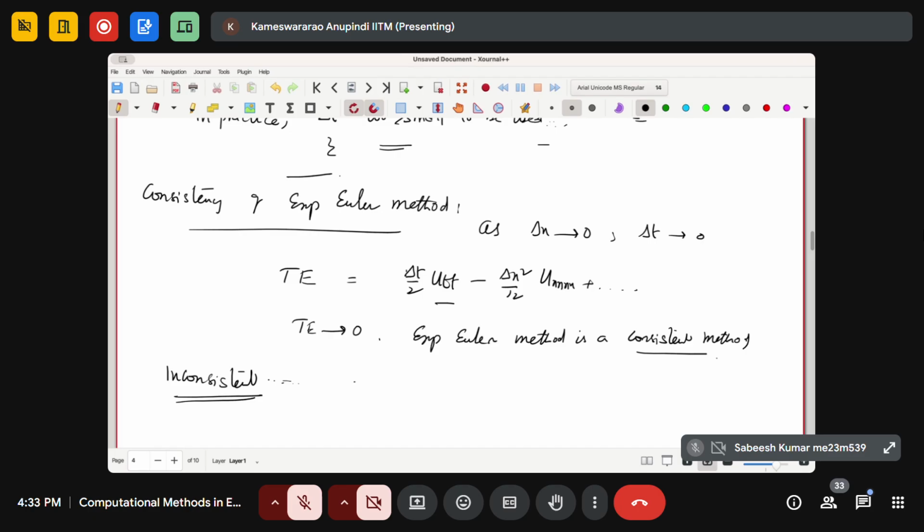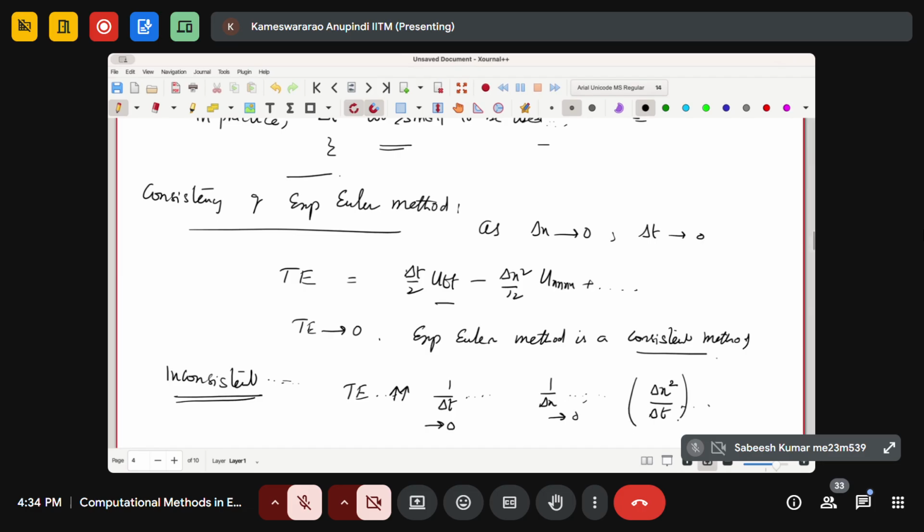Let us say, for example, in the expression for truncation error, instead of getting delta t and delta x squared in the numerators, you may get something like 1 by delta t or 1 by delta x. If you get something like this, then as you make delta t smaller, your truncation error is actually increasing. Similarly, as delta x gets smaller, your truncation error is increasing. Or you may get terms like delta x squared by delta t and so on.